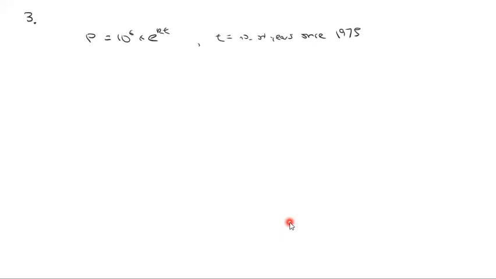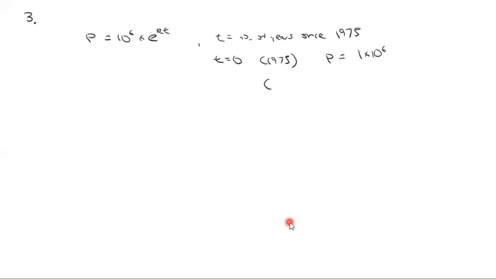Now, we know that at T equals 0, which is 1975, the population was how much? 1 million?